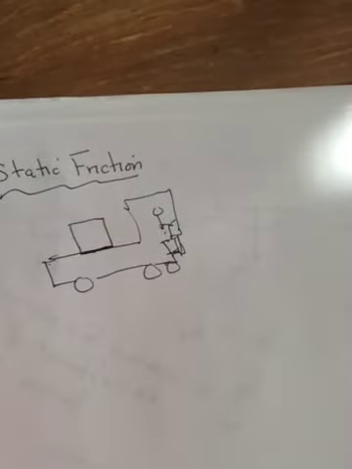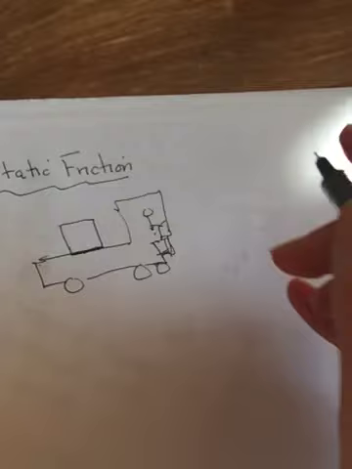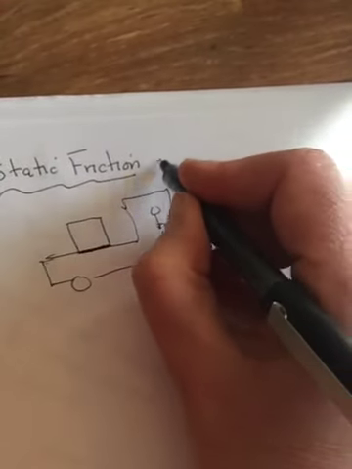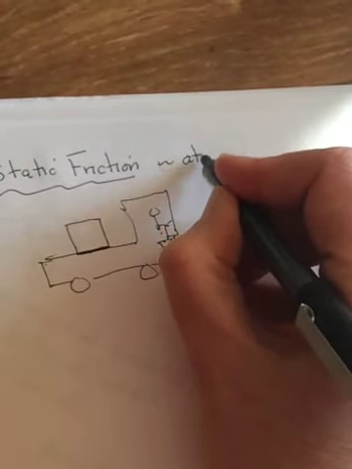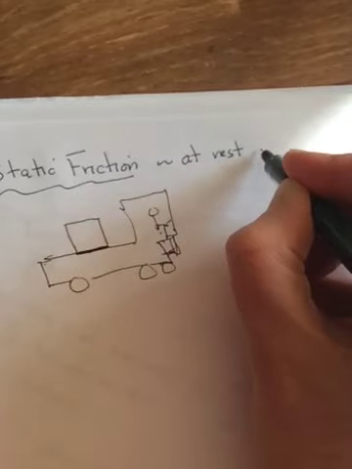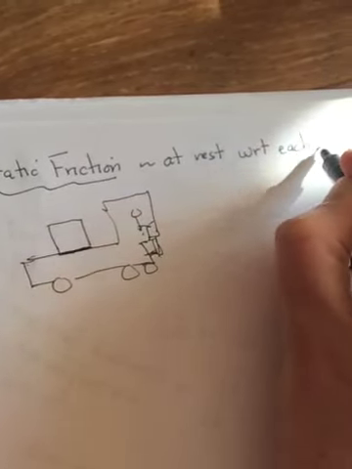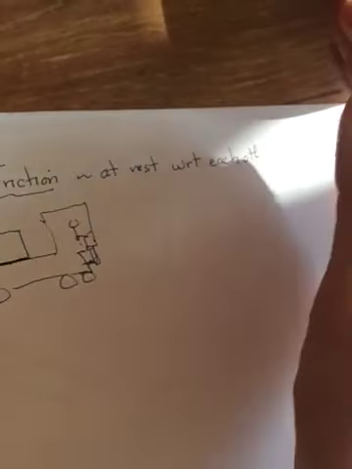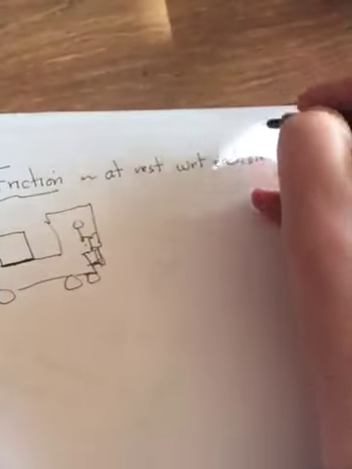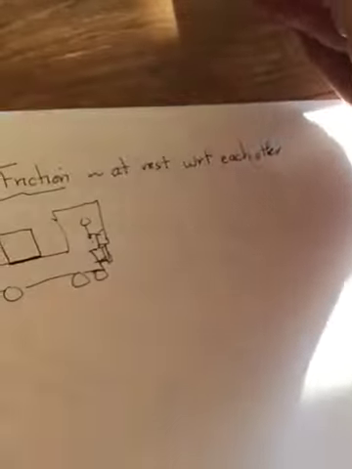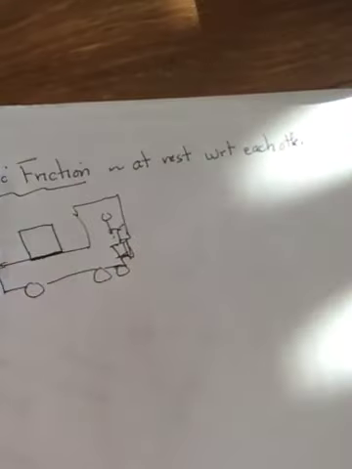Okay, so static friction then is the friction that exists between objects that are at rest with respect to each other. Remember, with respect to is WRT, each other. Okay?